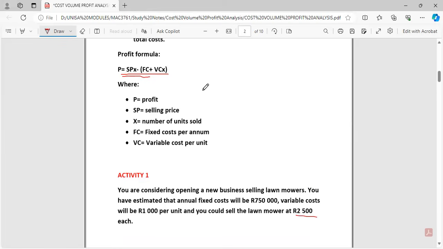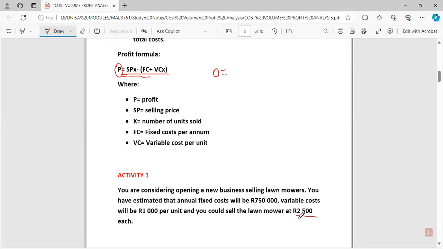So we are going to have P is equal to SPX minus FC plus VCX. When you are using the profit formula to calculate the break-even point, you should substitute P with 0, because at break-even point, the profit is going to be 0. So your P is going to be 0. So you just say 0 is equal to SPX, selling price.